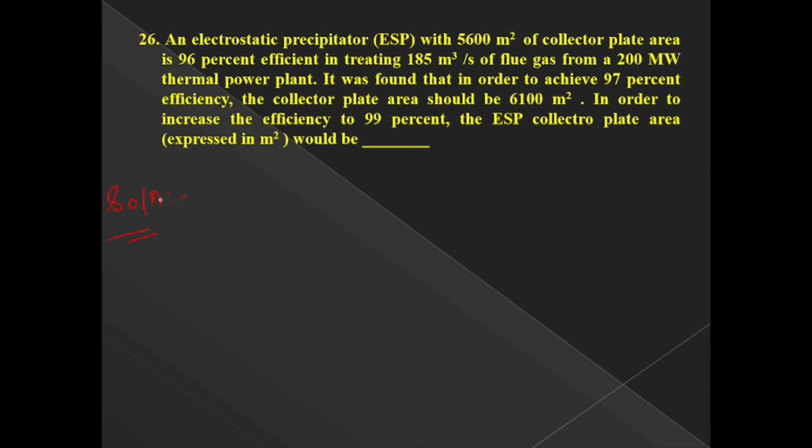So as we know that efficiency, as we had discussed in our classroom course, is 1 minus e to the power minus w divided by theta into area. Here the efficiency is given as 96%, 0.96, area is given 5600, and Q is given for a 200 megawatt thermal power plant.